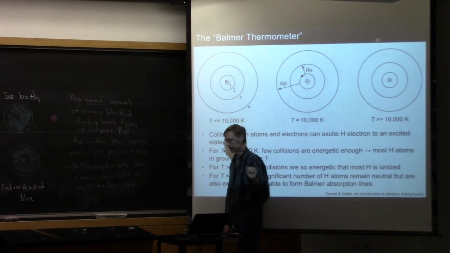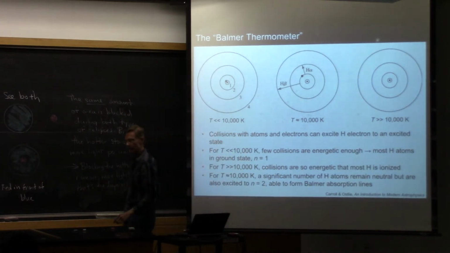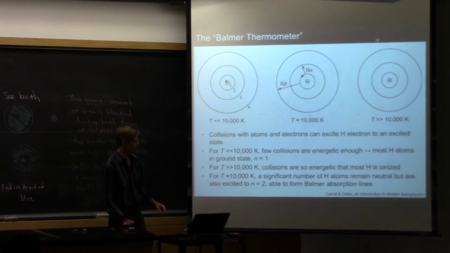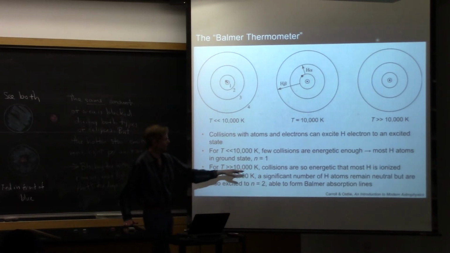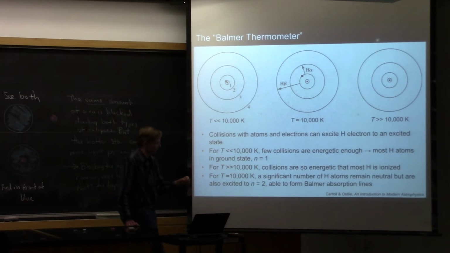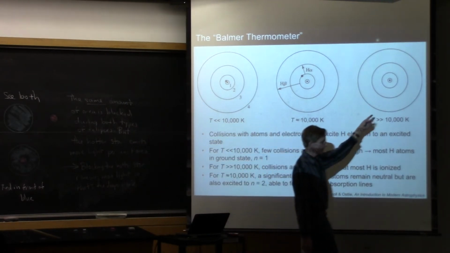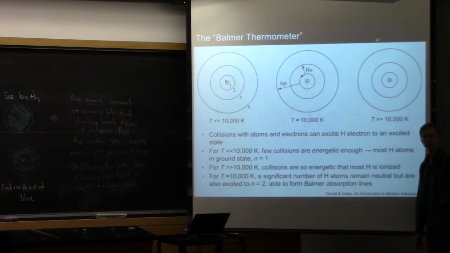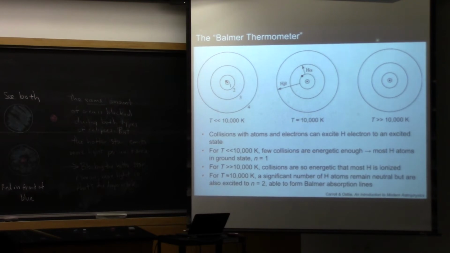They become ionized. So in hot stars, the collisions are so energetic that most of the hydrogen is ionized. If there's no electron, you can't absorb any photons. So in a hot star, you get weak spectral lines of hydrogen because most of the hydrogen is ionized.